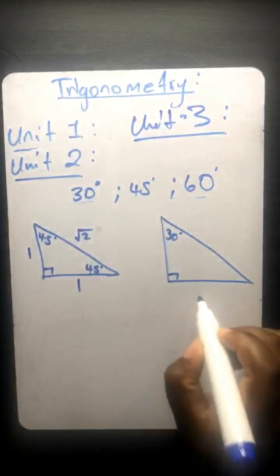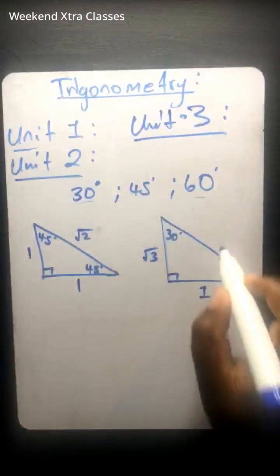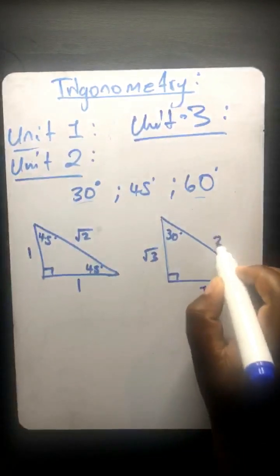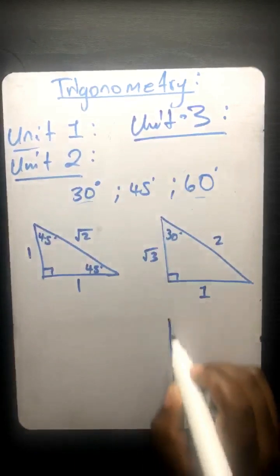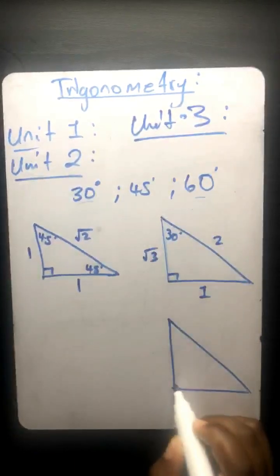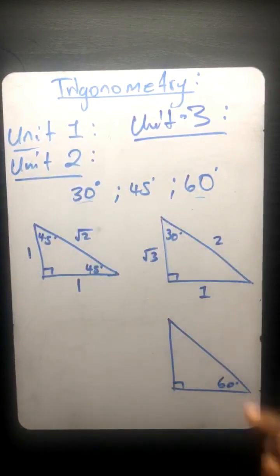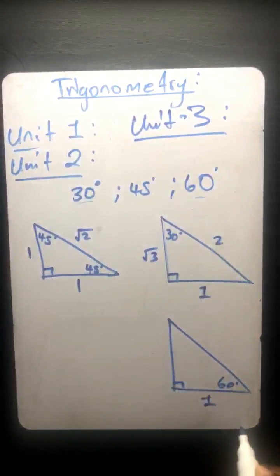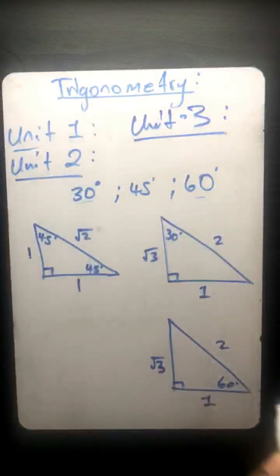You have your 1 being opposite that 30, you have your square root of 3, and then you can still use the theorem of Pythagoras. You will get 2 there. And then very quickly, let's have a look at that special angle of 60 degrees. So 60 being there, you still have exactly that arrangement. Your adjacent being that, your opposite being that, and then your hypotenuse being that.